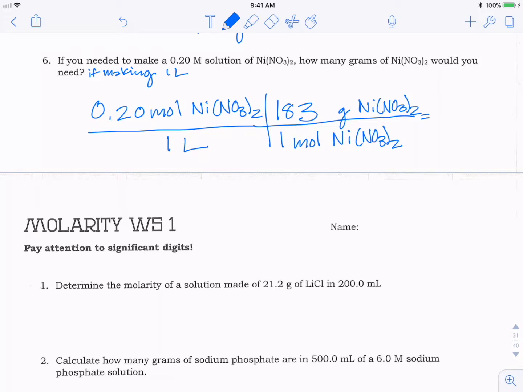So this is really an incomplete example because I didn't tell you how many milliliters of this stuff you're even trying to make. So that's my fault. But if you multiply the top, you have 2/10 of 183, or 0.2 times 183. And you get 36.6 grams if you wanted to make a liter of this.